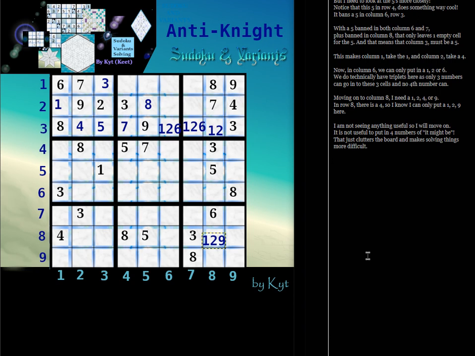Okay, row 1 needs a 1, 2, 4, 5. That 5 does come into play and bans a 5 in column 5.